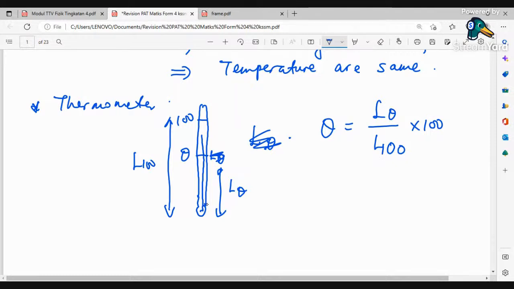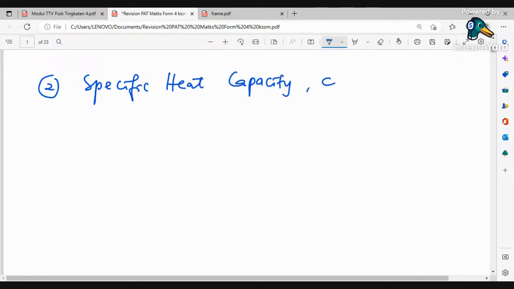And then part 2, we discuss specific heat capacity. Muatan haba tentu, C. Smaller C, heats up faster, goes down faster.